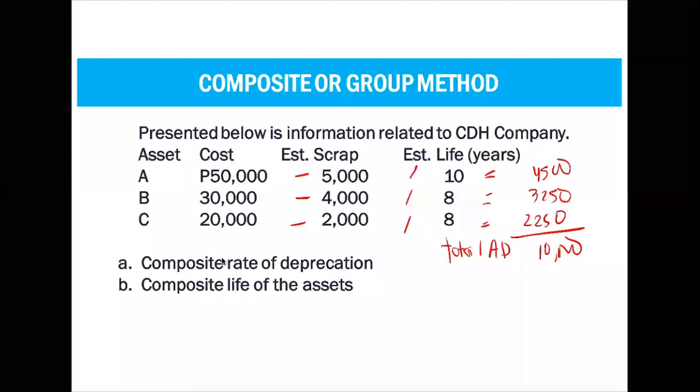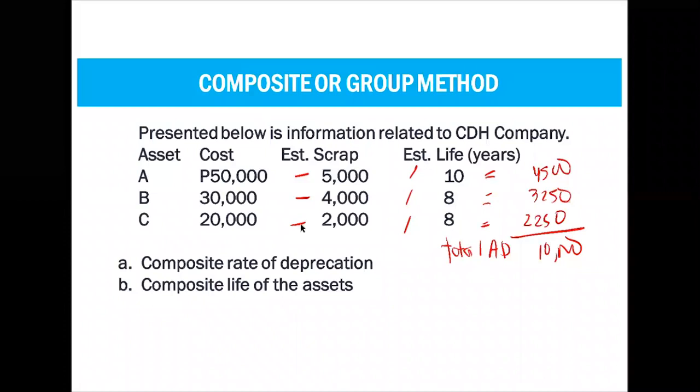What is our composite rate? Our composite rate is equal to 10%, di ba? Nakuha nyo ba yun? 10%? 10,000 over our total cost of 100,000.